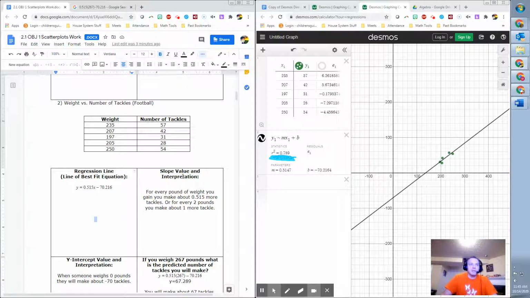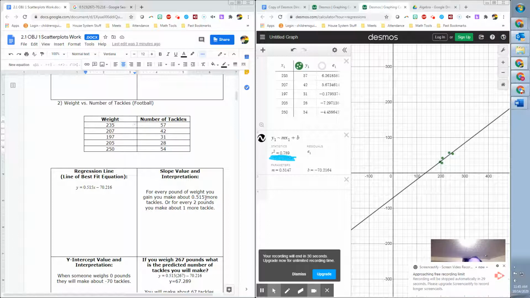Then if you look at your slope value and interpretation, your slope here would be what I multiply by the weight to get the number of tackles. The slope says for every pound of weight you gain, so every time the x value increases by 1, you would make about 0.515 more tackles.